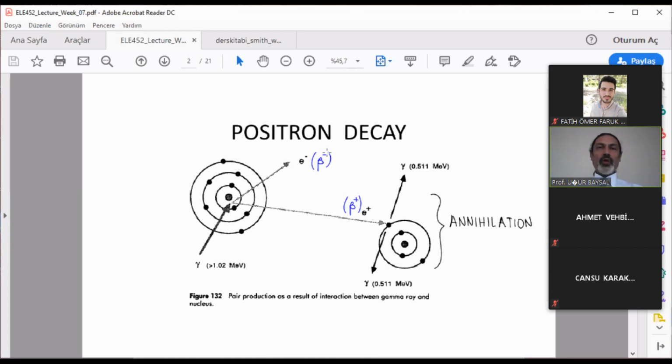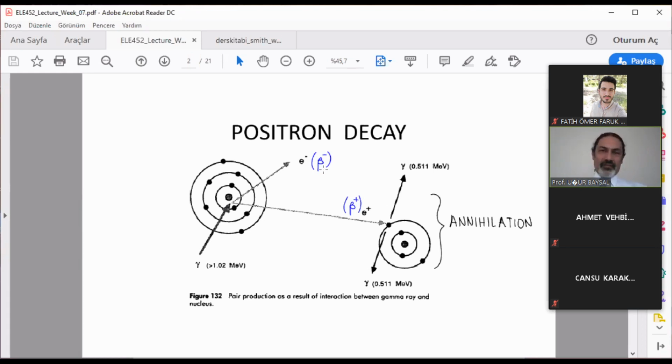Physics people call two subatomic particles beta particles, and they are divided into two sections. Beta particle has two kinds. Beta minus is related to a negative charged beta particle. Beta plus is mainly a positive charged beta particle.